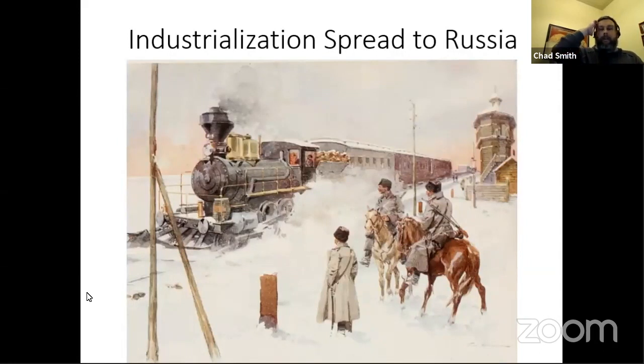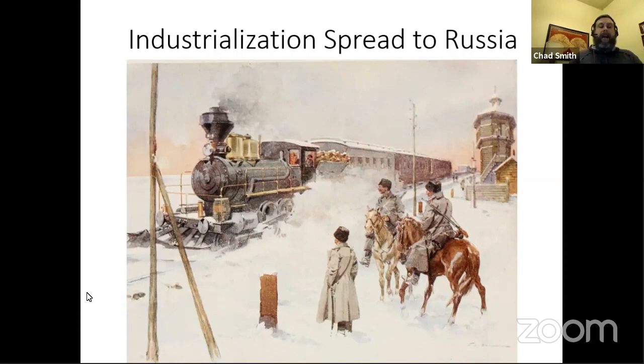Eventually, industrialization spread to Russia. But in Russia, as a matter of mere geography and its extraordinary size, but also as a result of its absolute rule, its system of agricultural production that relied on nobles and serfs, industrialization spread through Russia very slowly. The government focused primarily on building railroads and getting exports out of Russia.